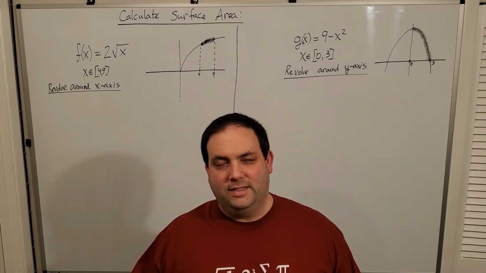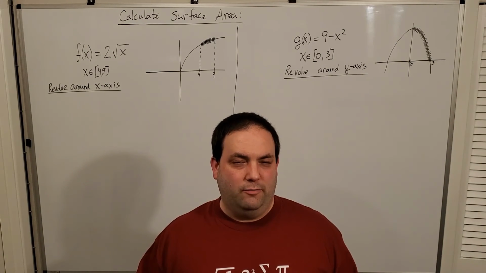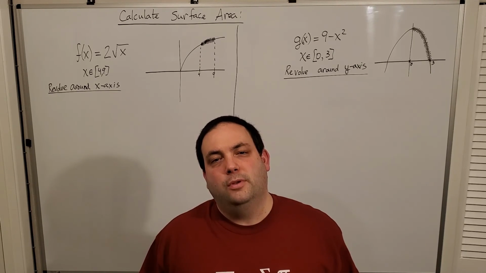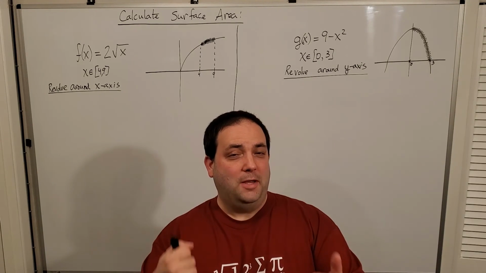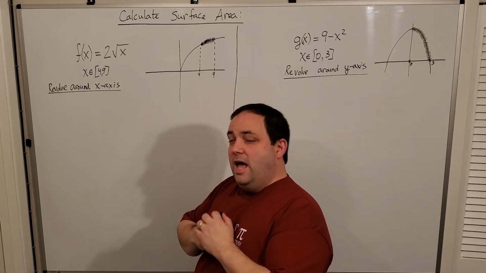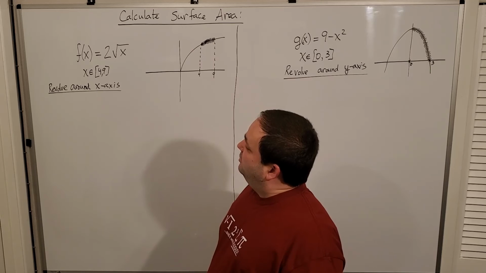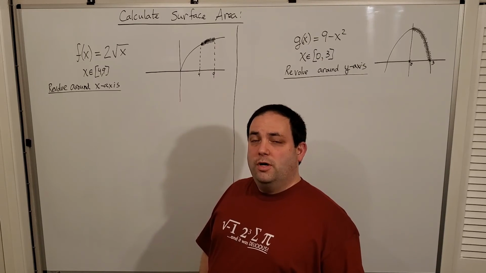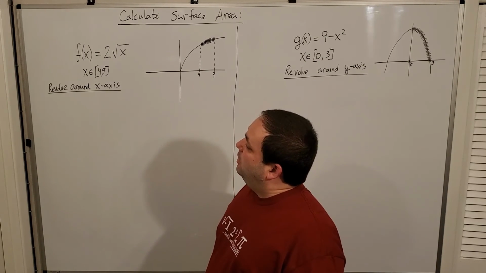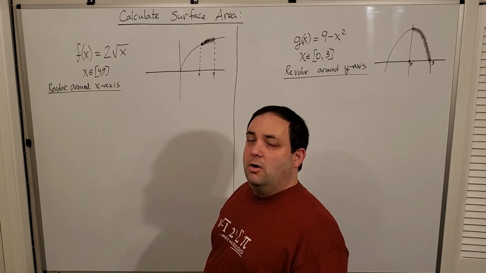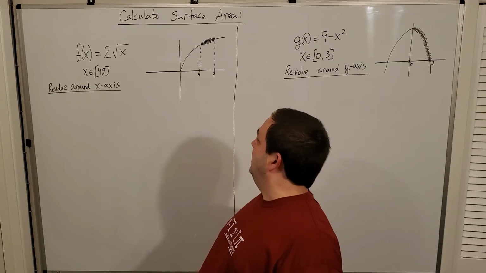So let's get a couple of examples of doing a surface area of revolution to wrap up the whole semester, right? So I have a function, f of x equals 2 square root of x. I'm interested in the interval from 4 to 9 on the x-axis, and I want to revolve this curve around the x-axis.